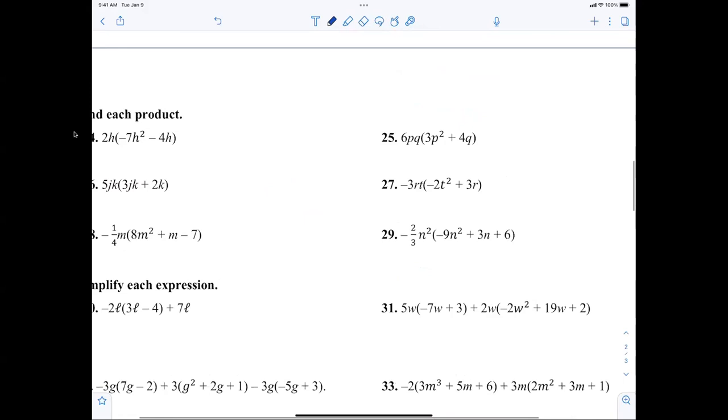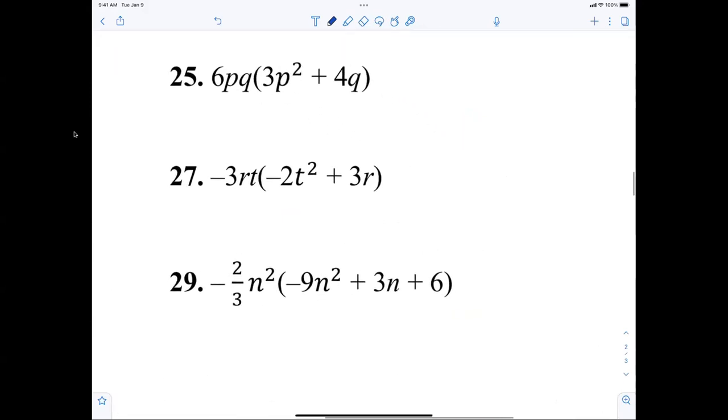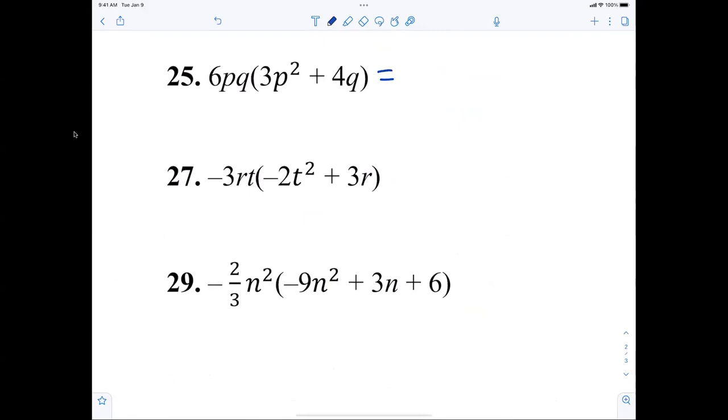Okay, now we're just multiplying again. Okay, Oliver, you're up. Come on. I hate P's and Q's. Sorry, I should have just made them X's and Y's. Go. So 6 times 3 is 18, so 18 p cubed q, good, plus 24 p q squared.